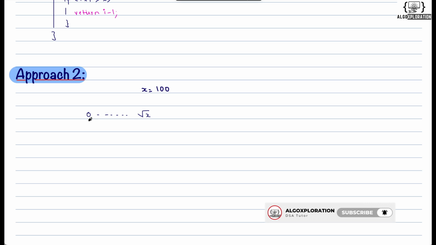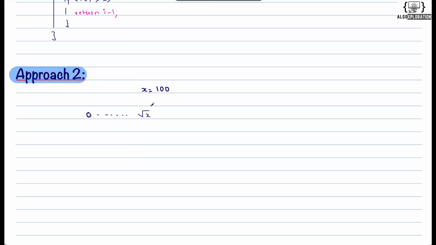Since we are incrementing the value of i from 0 to 1 to 2 and so on, my observation is that why can't I apply binary search on this sequence, since it is in sorted order? Now the question arises that I know my low, but the high is the square root of x, and I don't know the value of the square root of x, right?